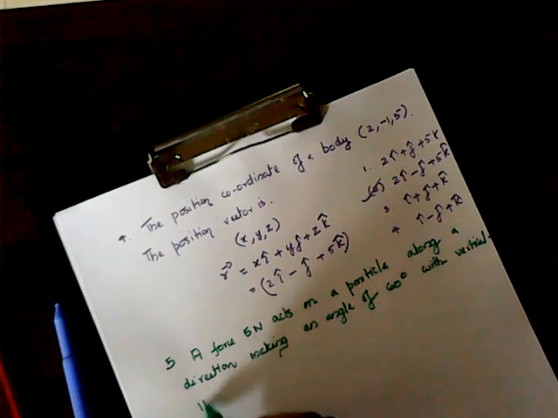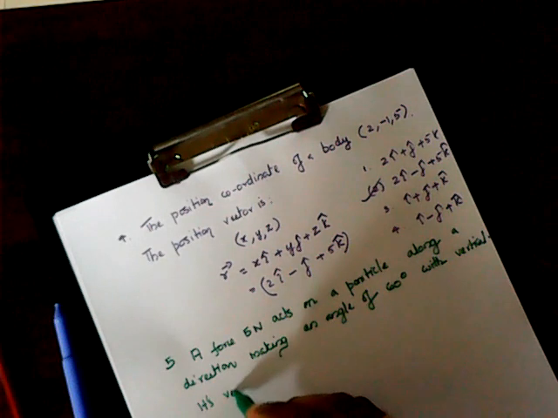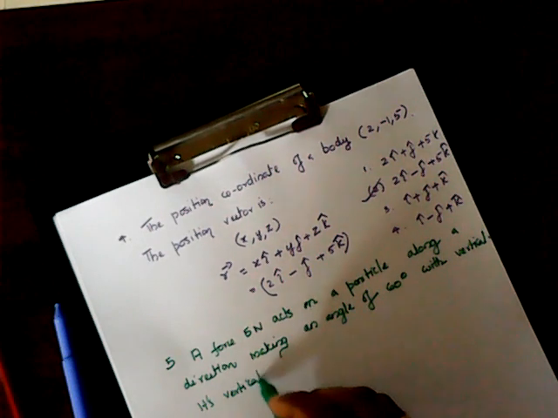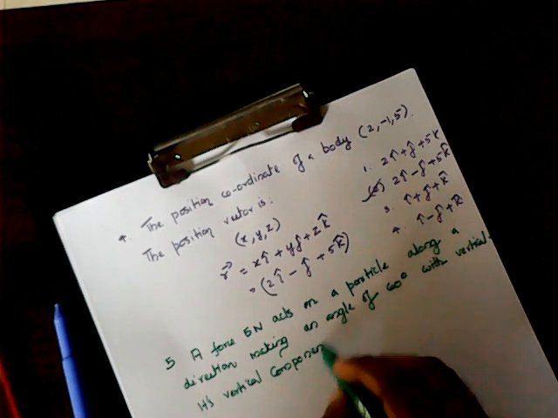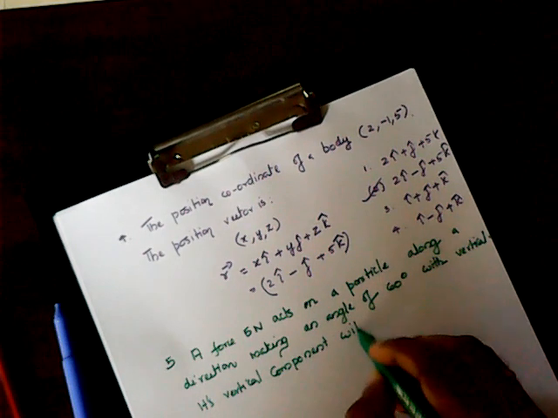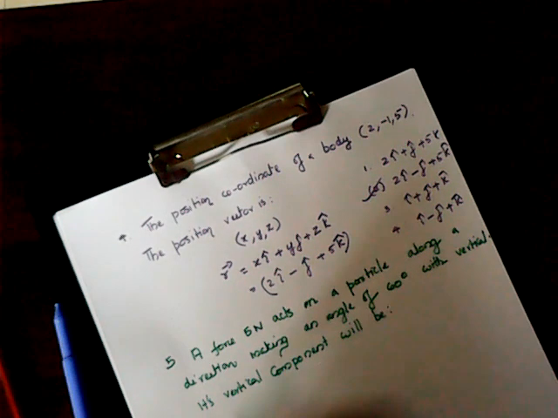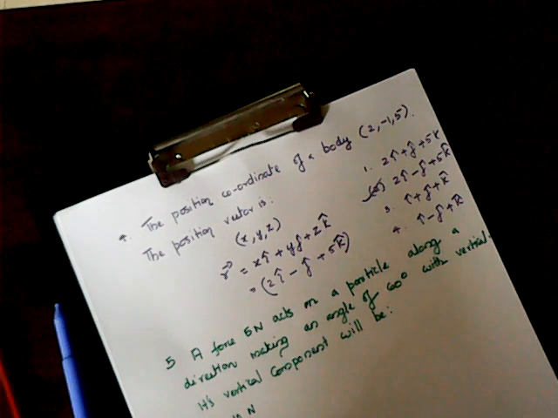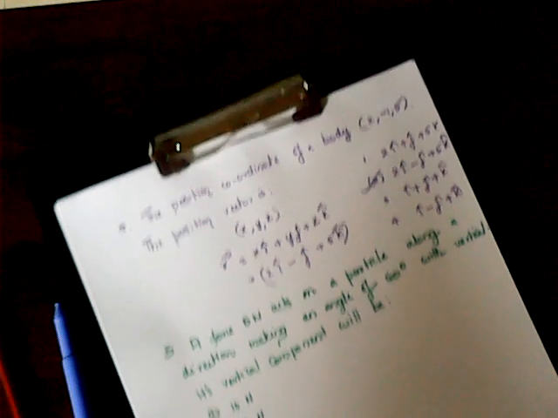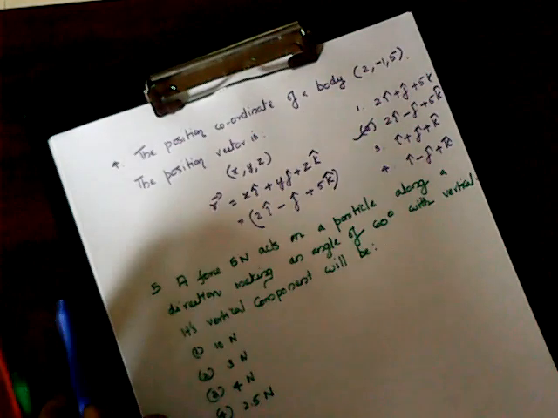Its vertical component will be? The choices are: the first 10 Newton, the second 3 Newton, the third 4 Newton, and the fourth 2.5 Newton. So how can we solve it?